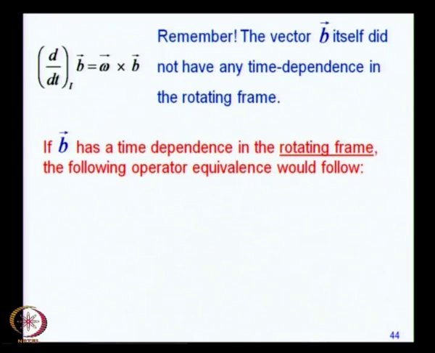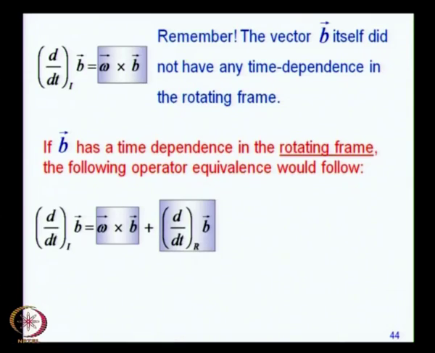We had considered a vector which was static in the rotating frame of reference. So, now we accommodate that possibility as well. Having accommodated that possibility that the rate of change of b with respect to time in the rotating frame of reference is not 0, then this will have to be added to omega cross b to get the net rate of change with respect to time of the vector b.